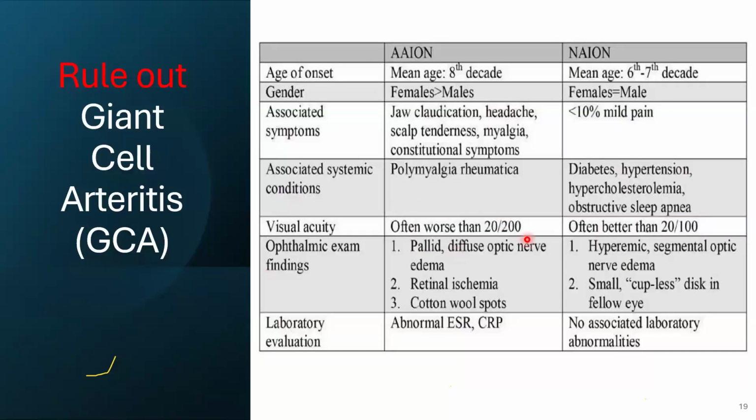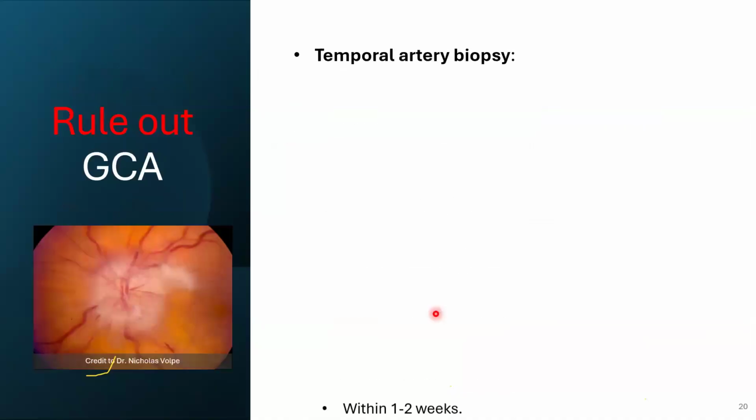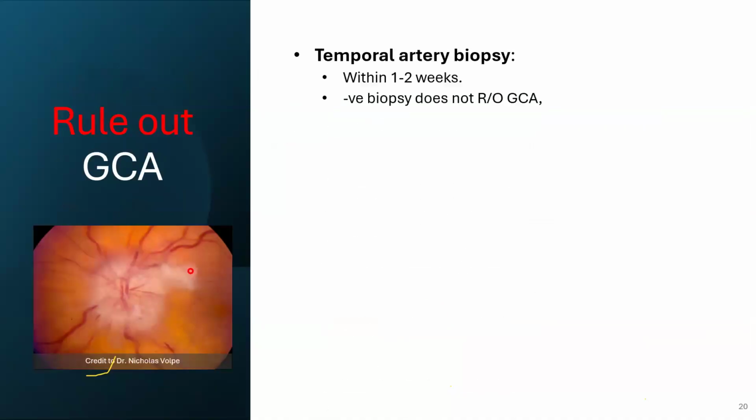In the ophthalmic examination, we see a cotton wool spot, like in this example, and pallid disc edema, a disc edema that looks pale. It's not like a reddish disc edema. This is a whitish disc edema.